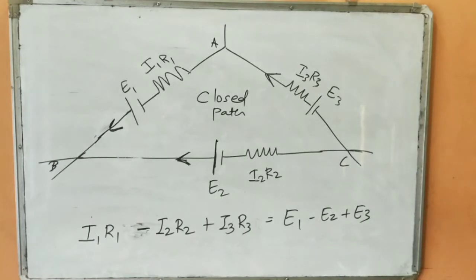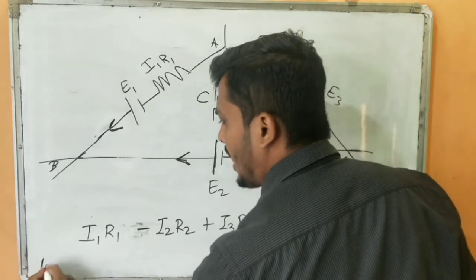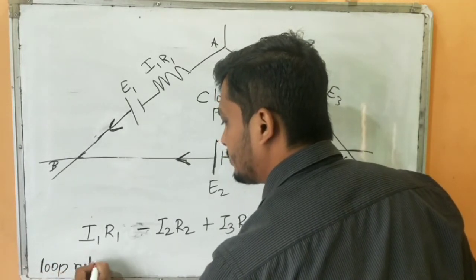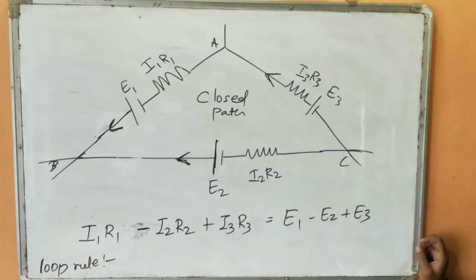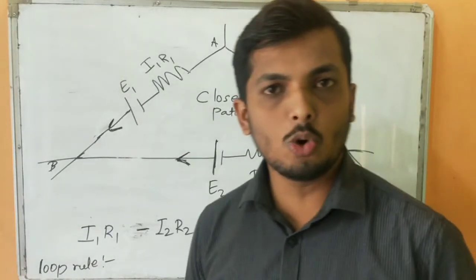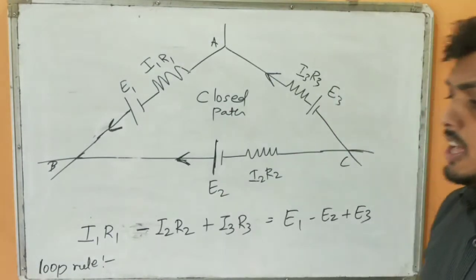There is one rule, you can also modify this, which is known as the loop rule. First one is the node rule. What it states: the sum of the current entering the node will be equal to the sum of the current leaving the node.